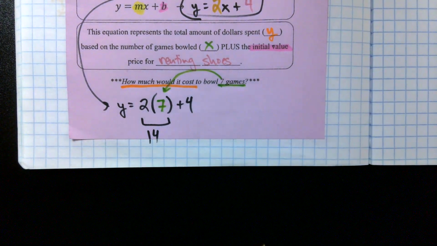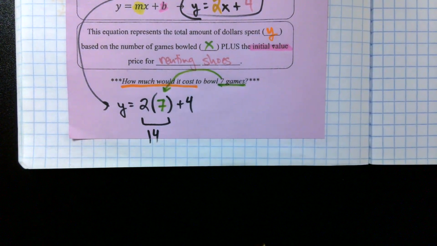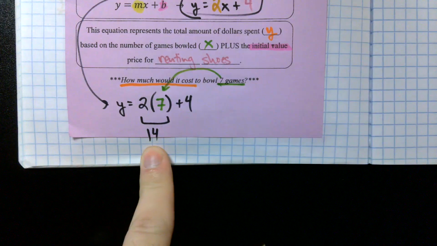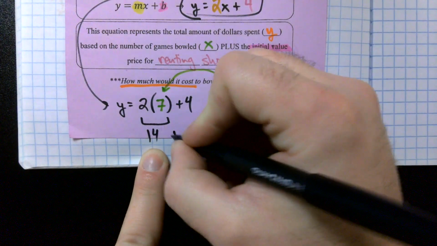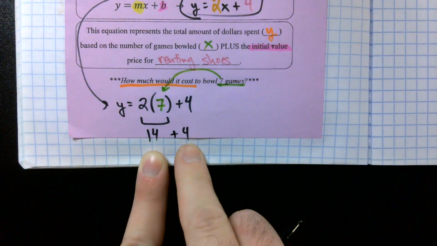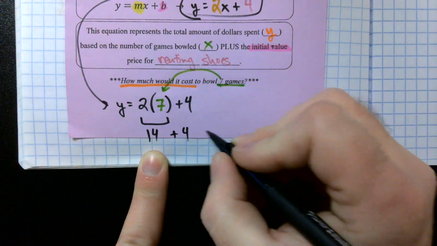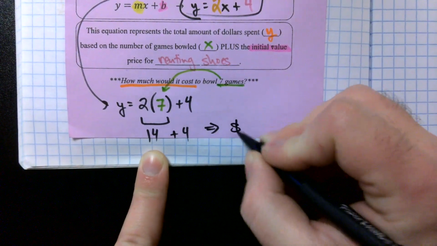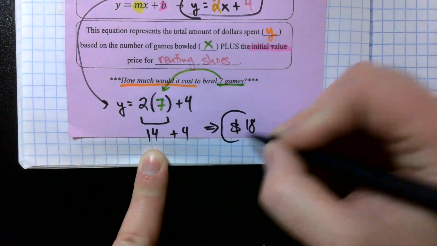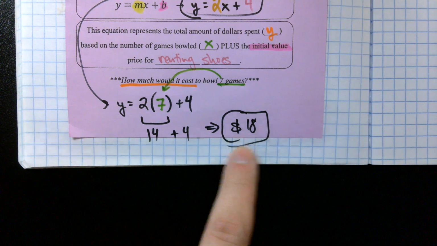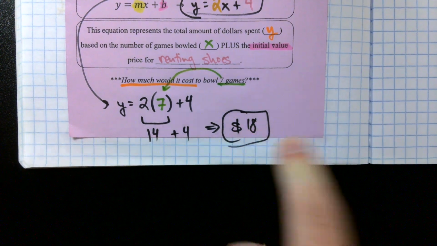If I spend $2 a game for 7 games, 7 times 2 is 14. But I didn't just pay for the games, I also paid for the shoes. Well, what is 14 plus 4? $18. Make sure you have a dollar sign on there or the word dollars behind it.